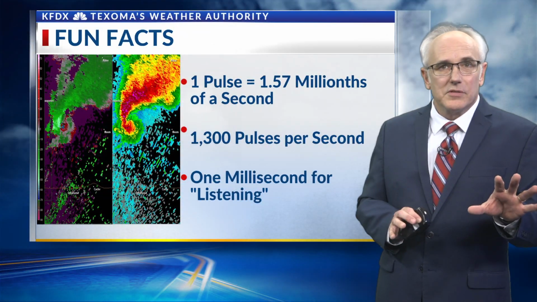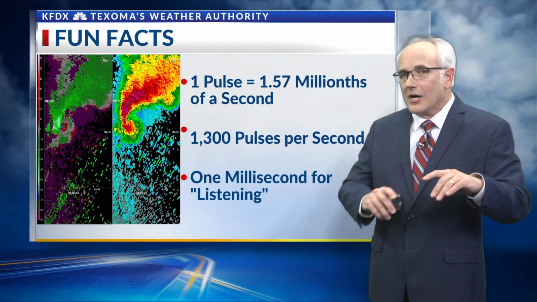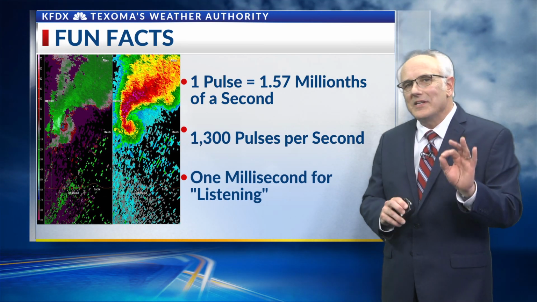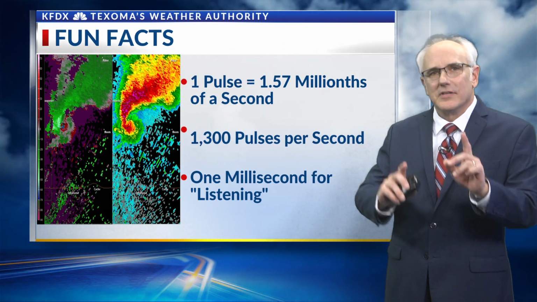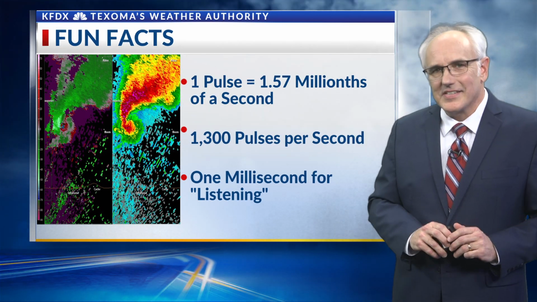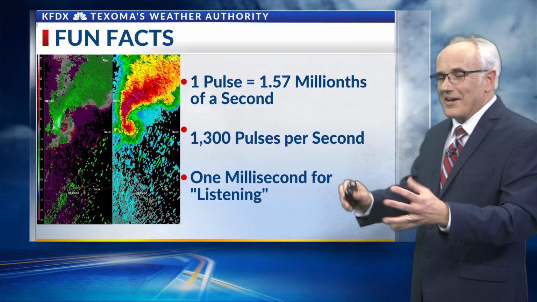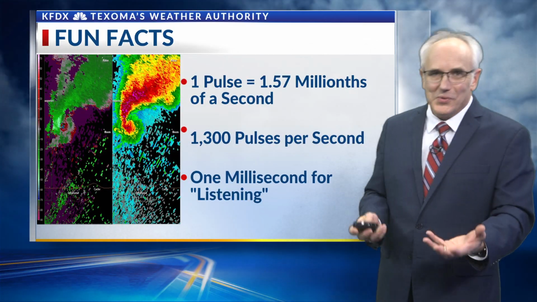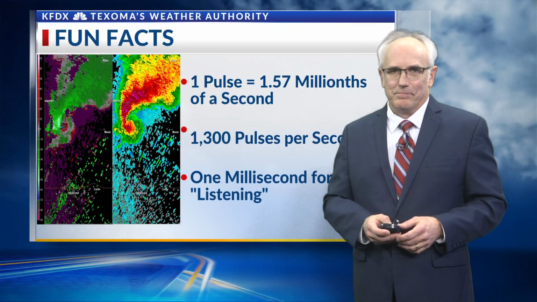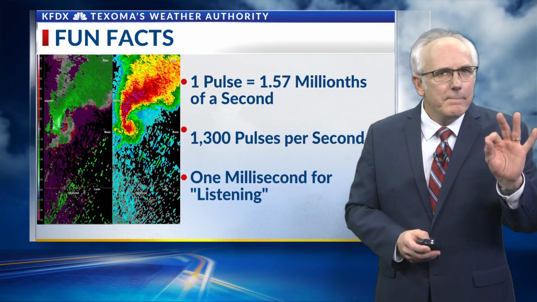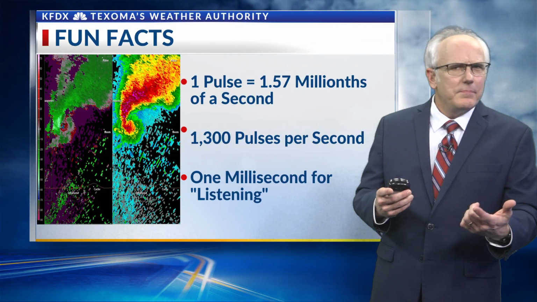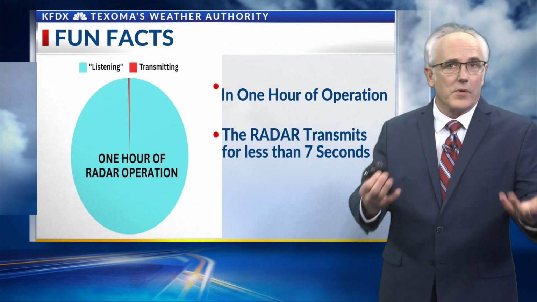Each transmitted pulse only lasts 1.57 millionths of a second, and the radar sends out 1,300 pulses every second. There's about 1 millisecond between each pulse when the radar listens for the returns.